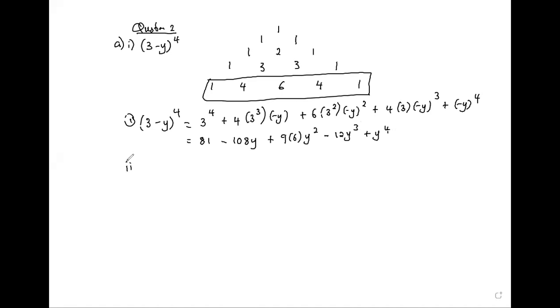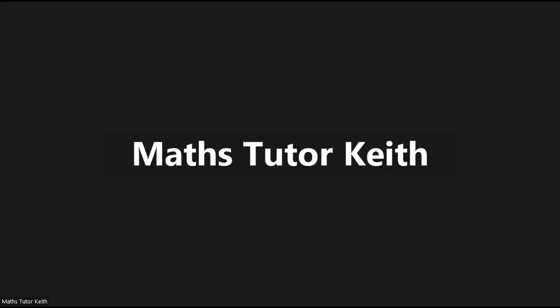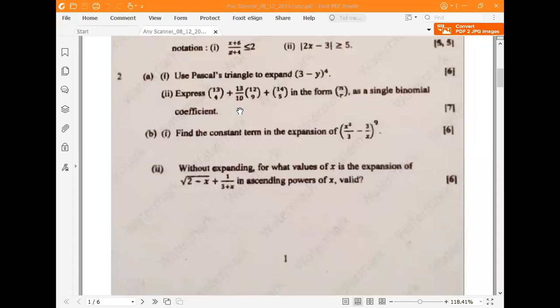And then part 2. The question says, can you express 11 choose 4 plus 13 choose 10, plus 12 choose 9, plus 14 choose 5 in the form nCr as a single binomial coefficient.